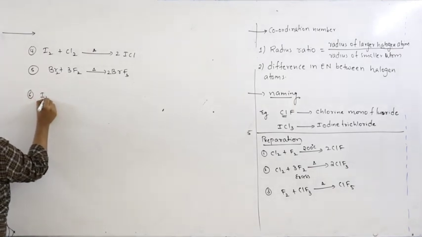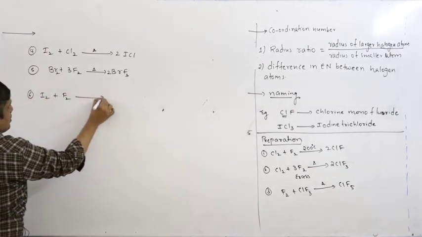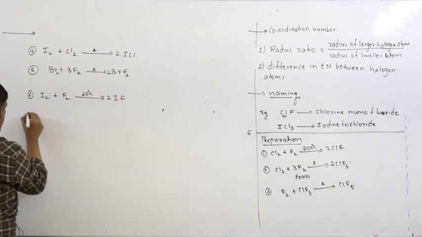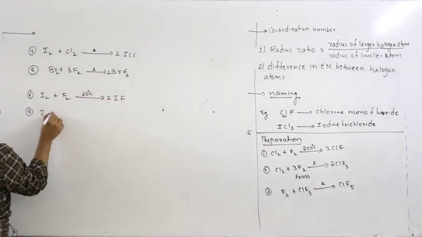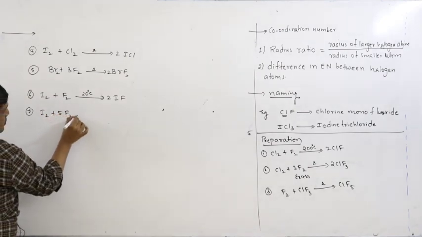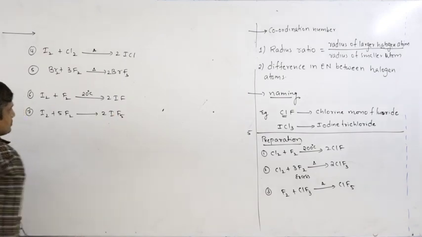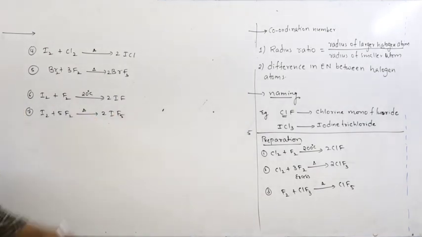But if you combine iodine and fluorine, generally at low temperature, 20 degrees Celsius, you will get iodine monofluoride, right? If you want higher fluorides, you have to heat them around 200 to 300 degrees Celsius.